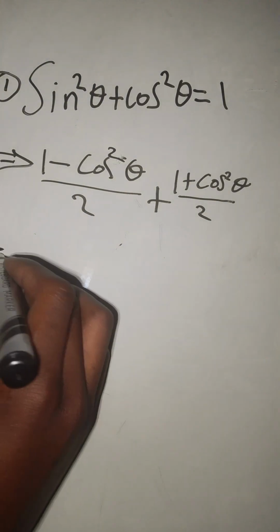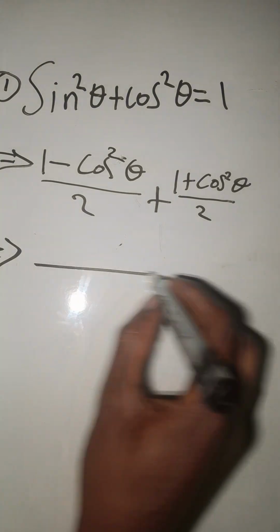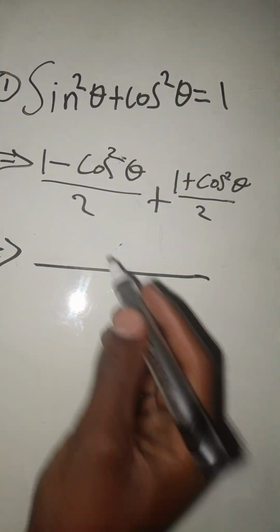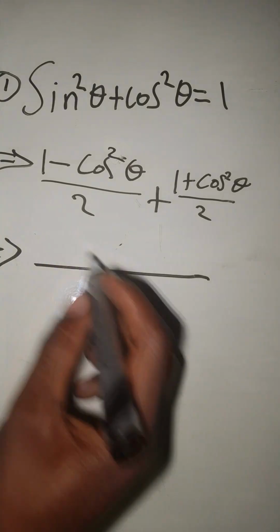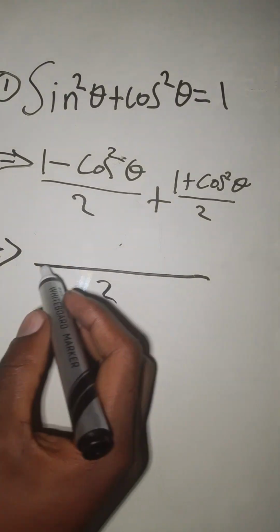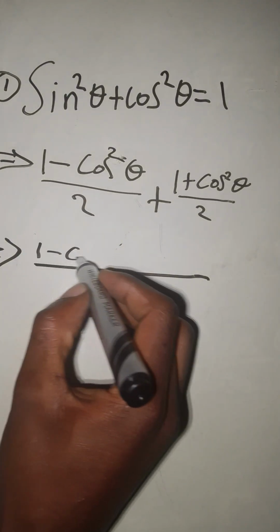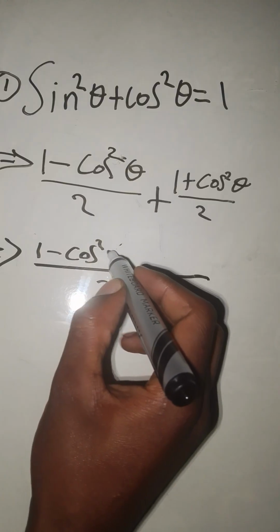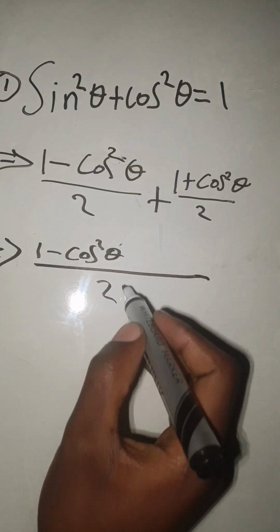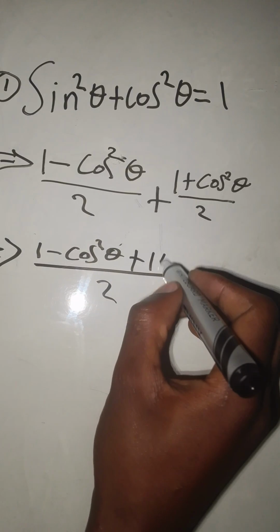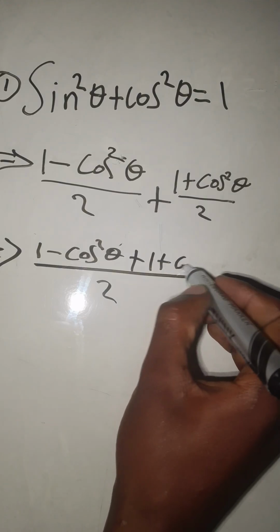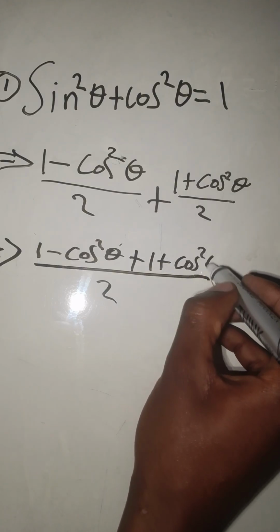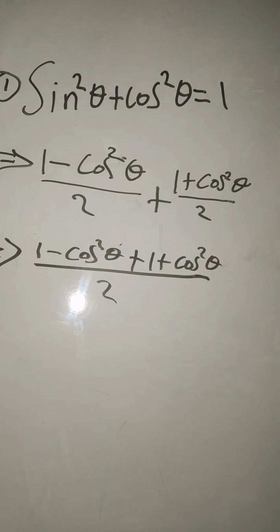So now, we're going to find the common denominator here, which is 2. So 2 into 2 is 1. 1 times the numerator there, we have 1 minus cos 2 theta, plus 1 plus cos 2 theta. Okay? So now, after that, we go ahead and group the like terms.